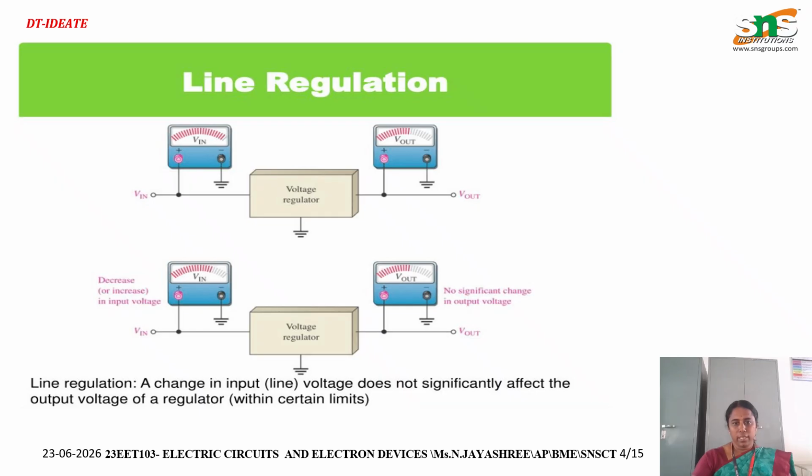The voltage regulator gives a stable output, right? Whereas here there is no significant change in the output. The input is almost equal to the output. The change in the input voltage does not significantly affect the output voltage of a regulator.